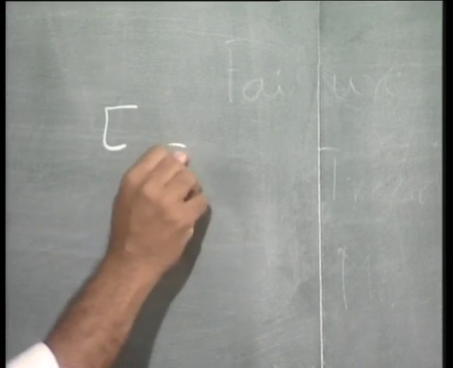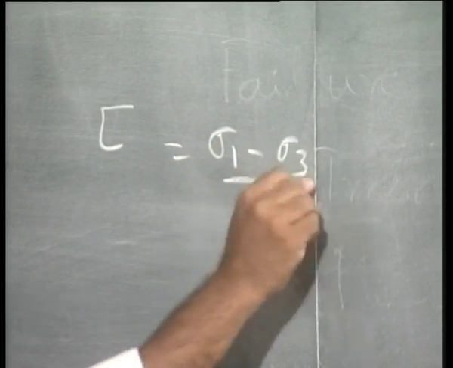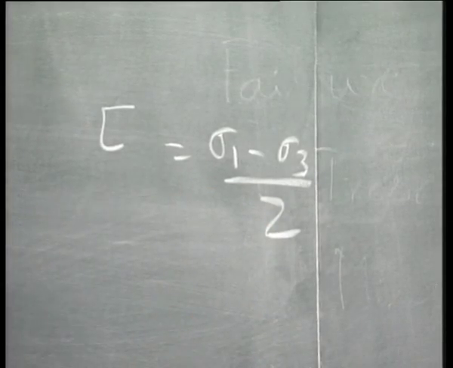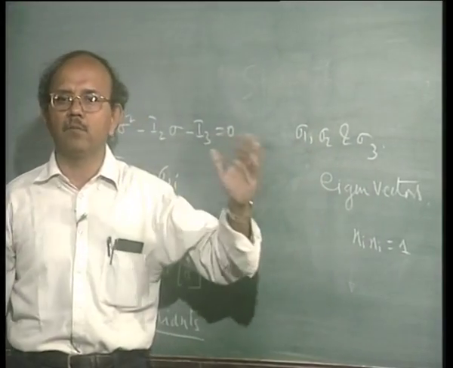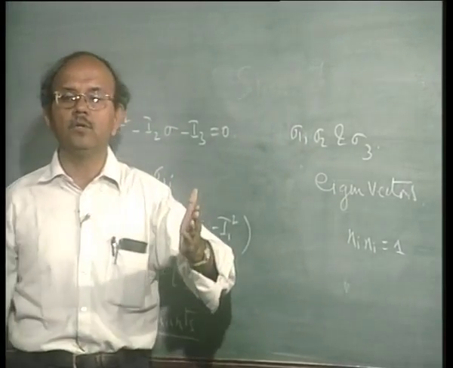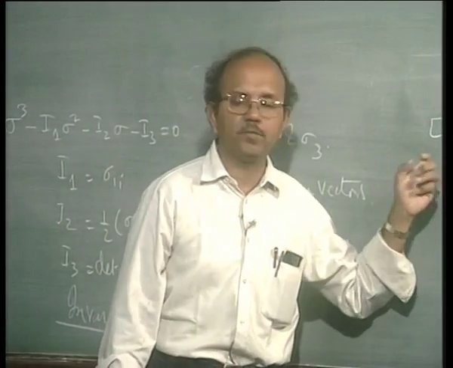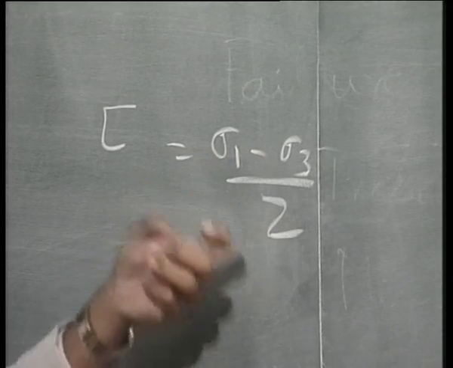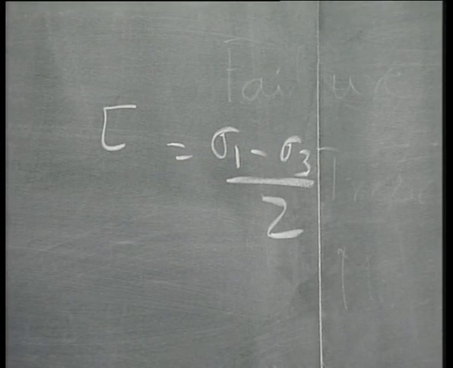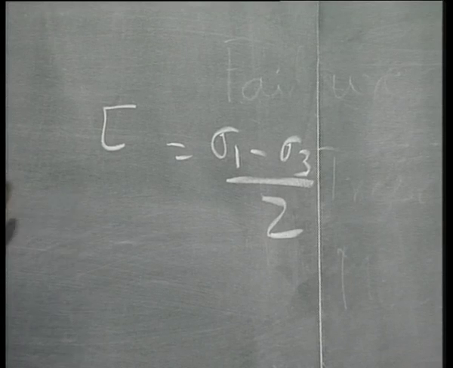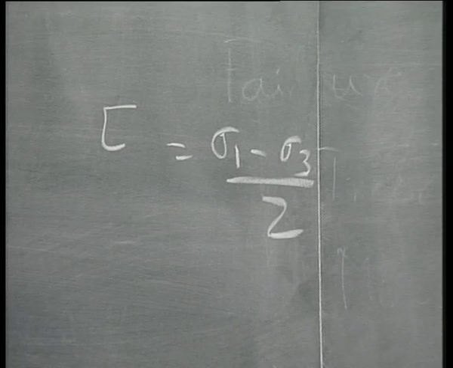That is equal to sigma 1 minus sigma 3 by 2, after arranging sigma in descending order, sigma 1 being more than sigma 2, and sigma 2 being more than sigma 3. So, the maximum shear stress is given by sigma 1 minus sigma 3 by 2. And we also know that in the planes where maximum shear stress exists, there are normal stresses and so on. Again, this is fundamental strength of materials.